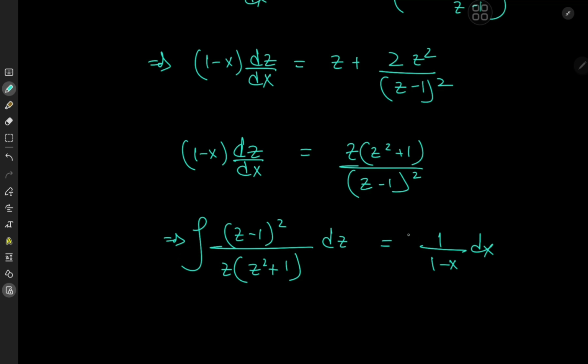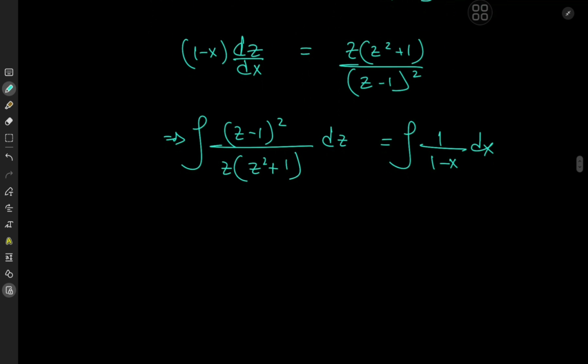Now integrating with respect to the variables either side of the equation, you're going to need a partial fraction decomposition on the left-hand side, which is again just left as some annoying bit of homework. So on the left-hand side, we have the integral of what exactly?